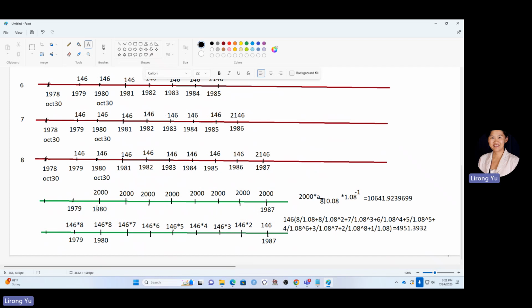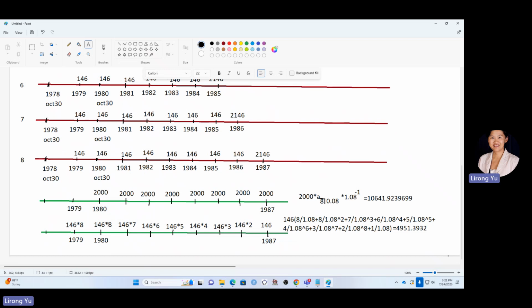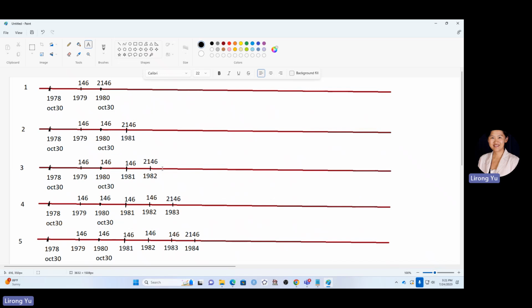Then for 1980, there's a 2000 expired bond, and the coupon is 146 times 8 as well. And then the year after is the 2000 maturity value, and the 146 coupon is one less because the first one already expired.